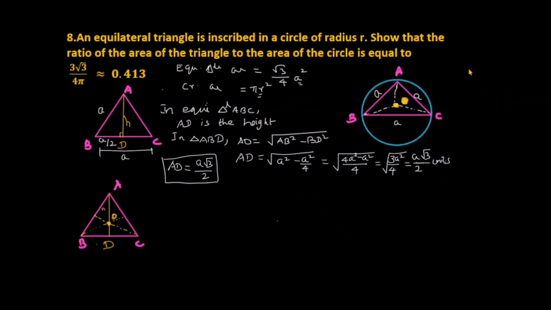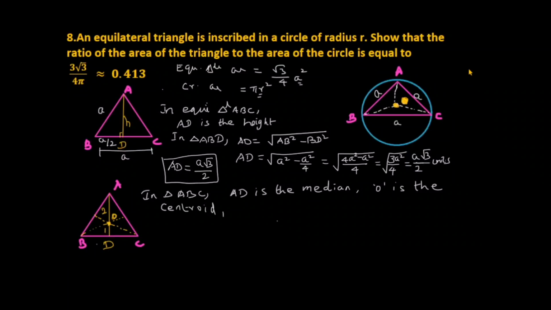The centroid will divide the median in the ratio 2:1. So here in triangle ABC, AD is the median, then O is the centroid of the triangle.